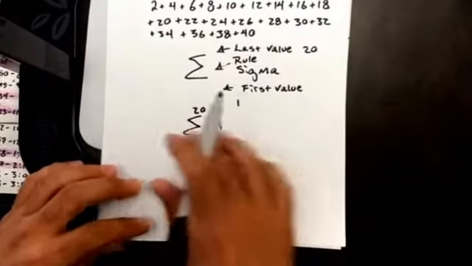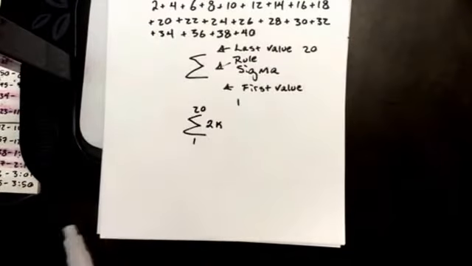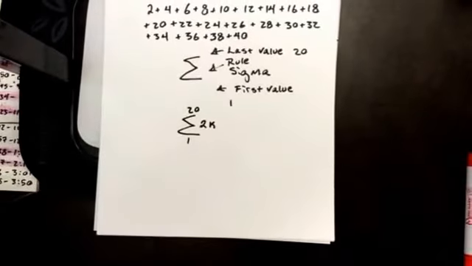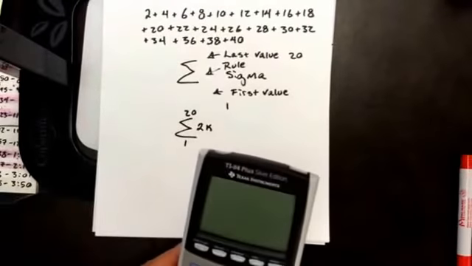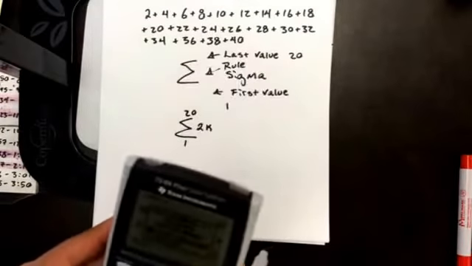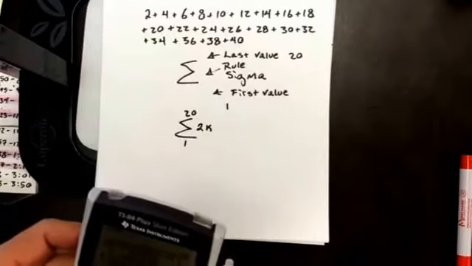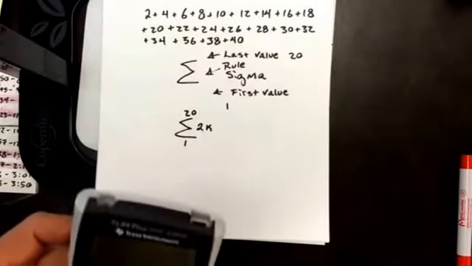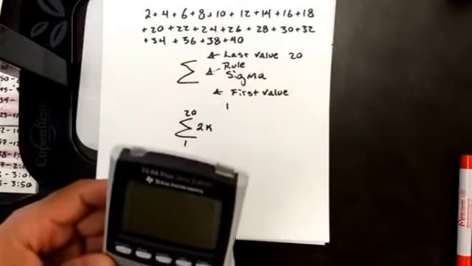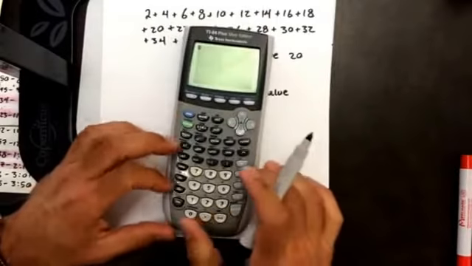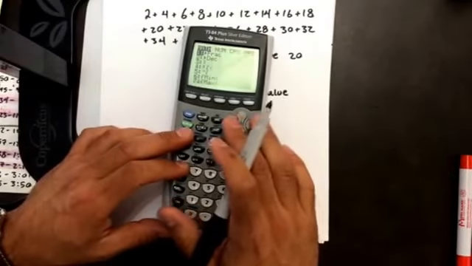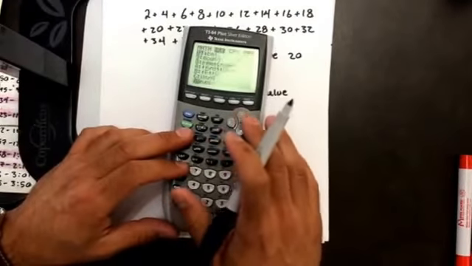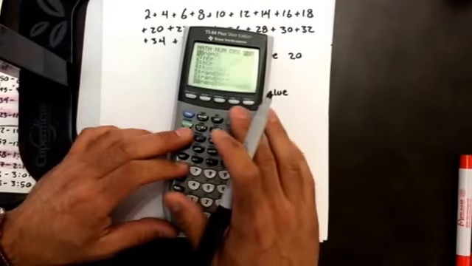So we can actually do this on our calculator. We can have the calculator do it for us. So that's going to be what we want to do. So we're going to tell this guy to turn on. So what I'm going to do on here is I'm going to go to math, I believe. Let me see.